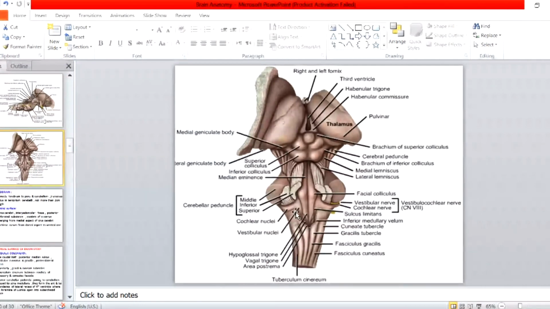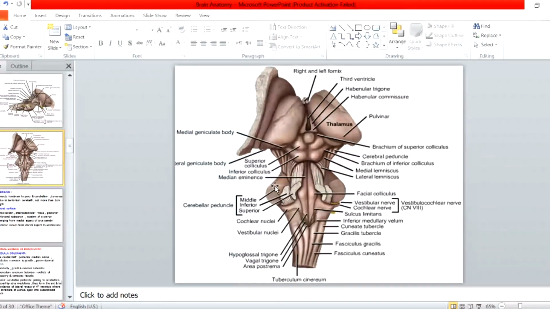Now the upper half of the medulla is opened and forms the floor of the fourth ventricle, the cavity of the hind brain. The lower half of the floor of the cavity of the hind brain, which is the fourth ventricle, is filled with CSF and continues below as the central canal inside the spinal cord.